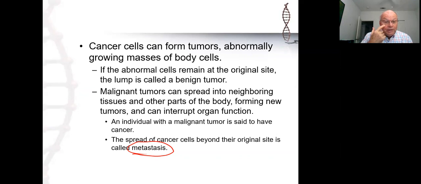And while I've been fortunate enough not to require chemotherapy and radiation therapy, I have had some skin cancers that have had to be treated, but they were benign. I do have friends and colleagues that have had to have chemotherapy and radiation therapy, and based on what they've told me, it is not fun. There is nothing pleasant about chemotherapy and radiation therapy.